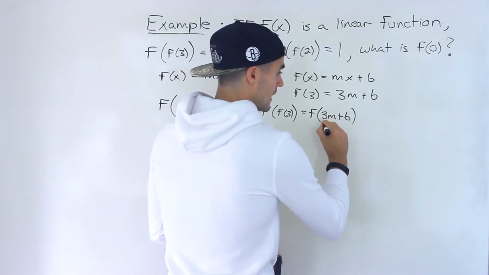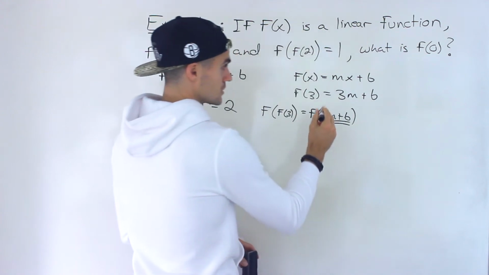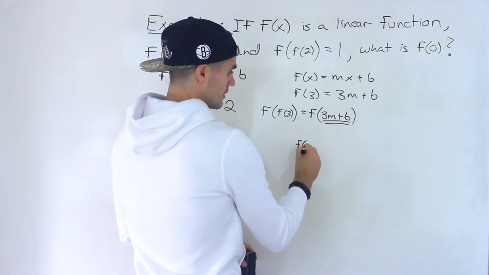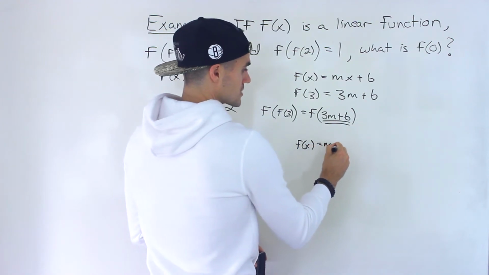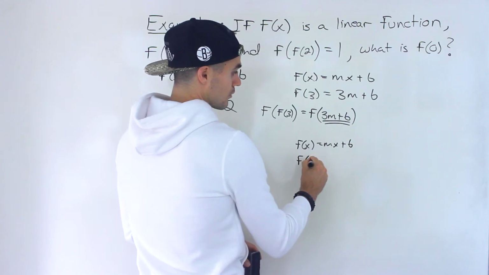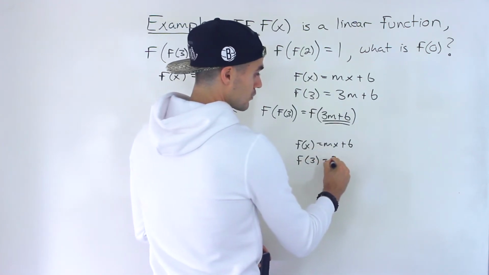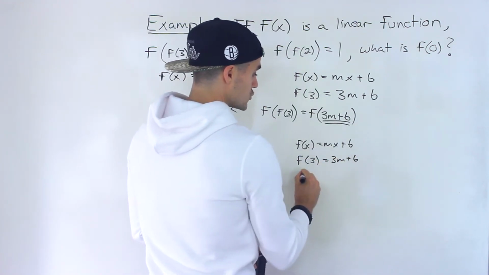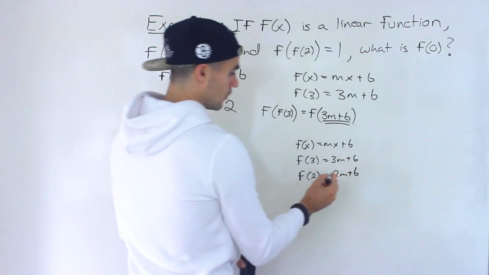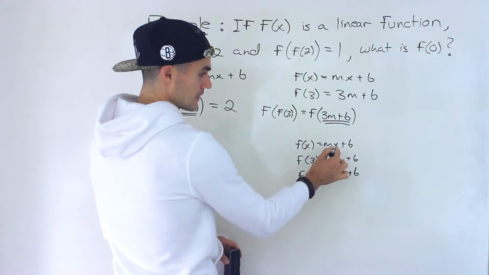And so what we do now is we take this expression and plug it in for the x value. Because if we have f of x equals mx plus b, what's f of 3 going to be? It's going to be 3m plus b. What's f of 2 going to be? It's going to be 2m plus b. So we're always plugging in whatever's here into this x value.